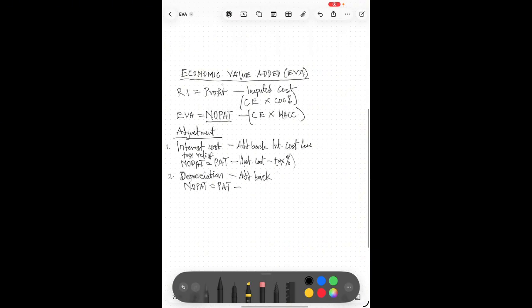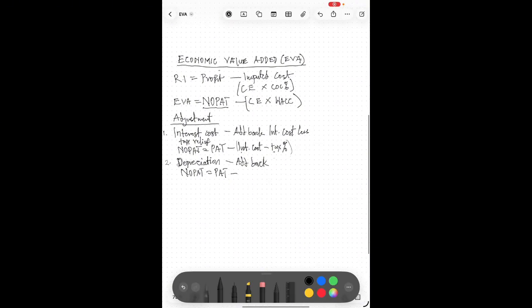After you add back your interest cost, you can still call it post-tax interest cost. So profit after tax plus, rather, not minus, please remember we are adding back the interest cost. Post-tax interest cost, add back, then also add back depreciation.